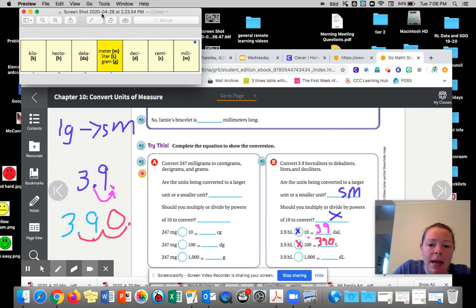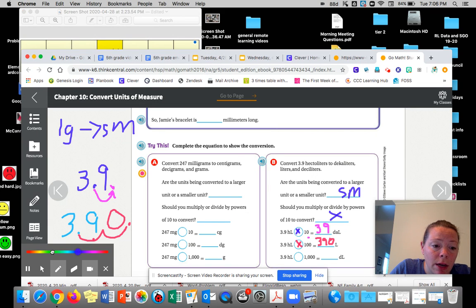And now if we're going from hectoliters to deciliters, I'm going 1, 2, 3 powers of 10. So instead of scooping 2 times, I'm now going to scoop 3 times. 1, 2, 3. Starting from my original decimal point, right? I'm starting from 3 9/10 hectoliters. 1, 2, 3.